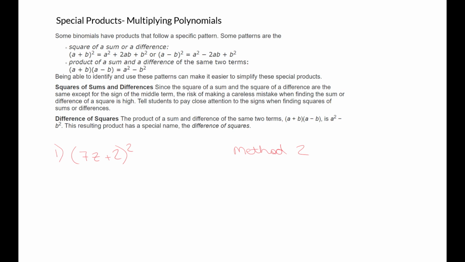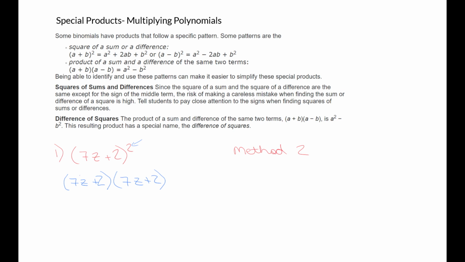So first, I just want to show you how to distribute. If you have 7z plus 2 squared, you could write that how we're used to doing this. We could go 7z plus 2 times 7z plus 2, because this square right here means that you would write the same thing twice.